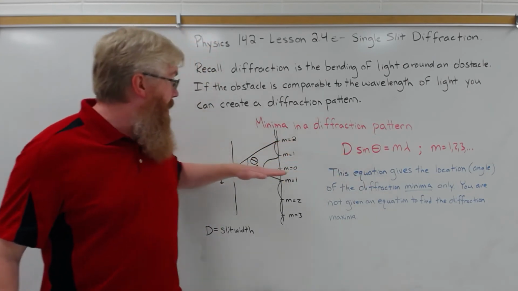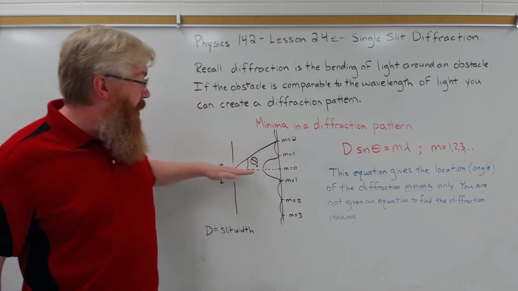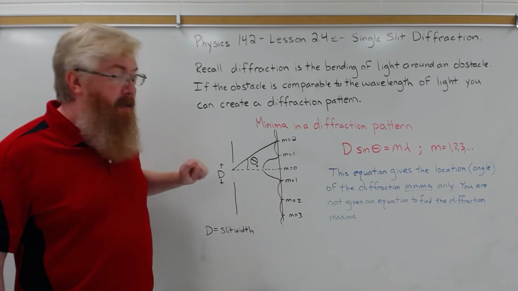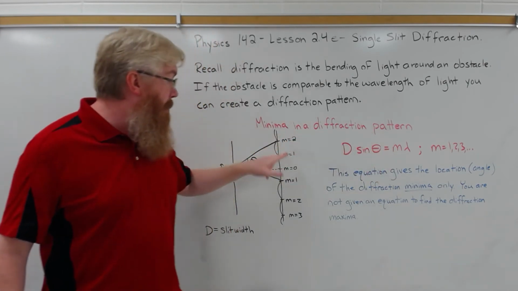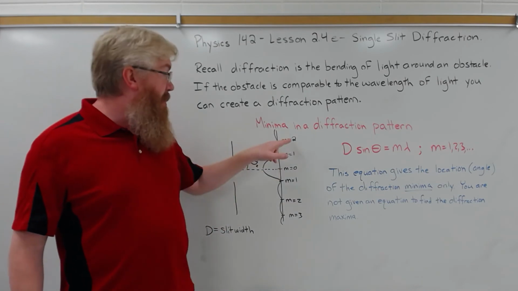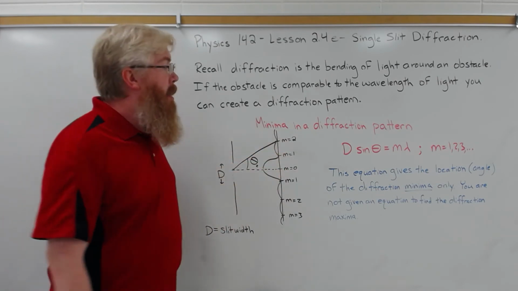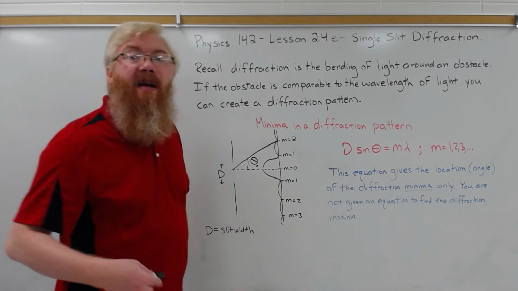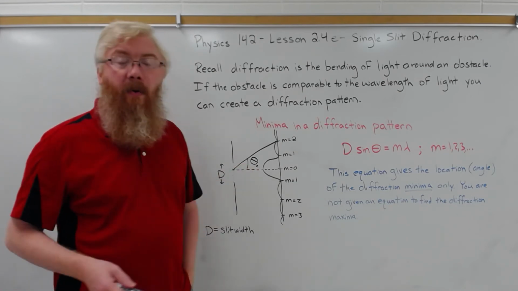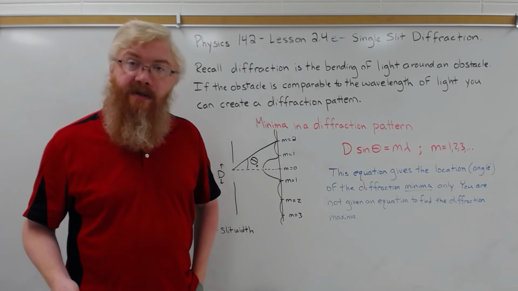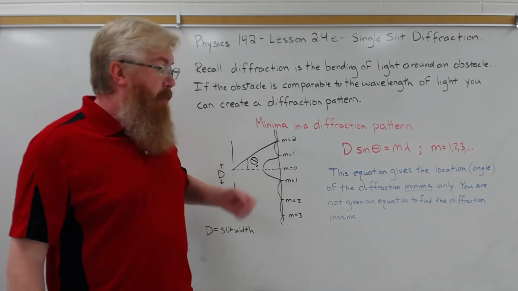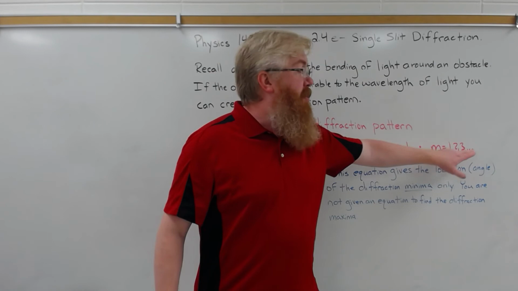The angle is the same. The angle is measured from the perpendicular between the distant screen and the slit, measured from the center of the slit. M is the order number, but here the order number refers to the minima locations. And lambda, again, is the wavelength of light that we're using. So are we using yellow light, blue light, red light? You'll get different values depending on the wavelengths of light that we use. And the restriction again here is m must be 1, 2, 3, 4, 5.